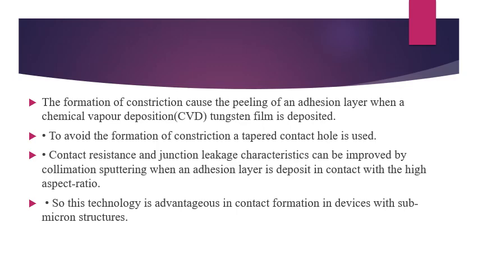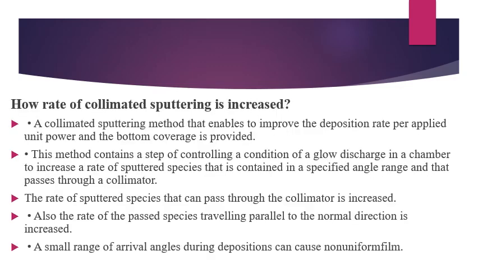Contact resistance and junction leakage characteristics can be improved by collimated sputtering when an adhesion layer is deposited in a contact with high aspect ratio. So this technology is advantageous in contact formation in devices with submicron structure.